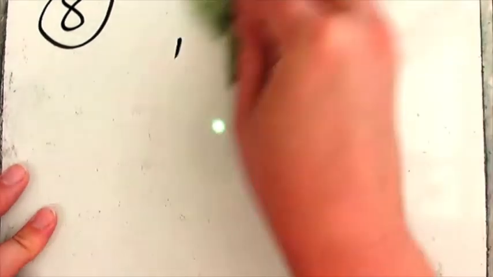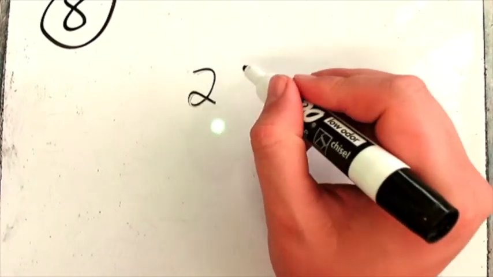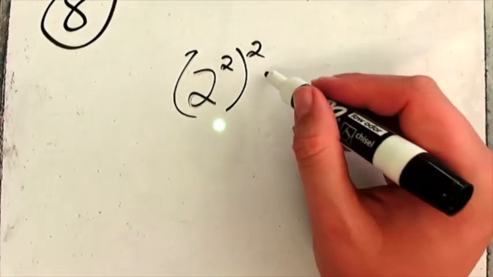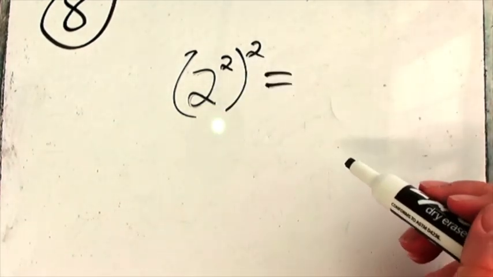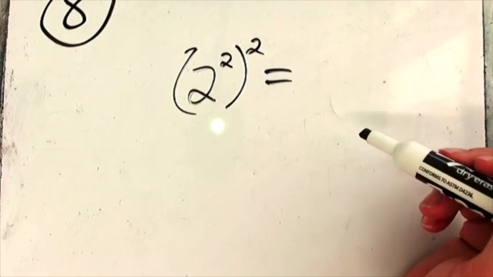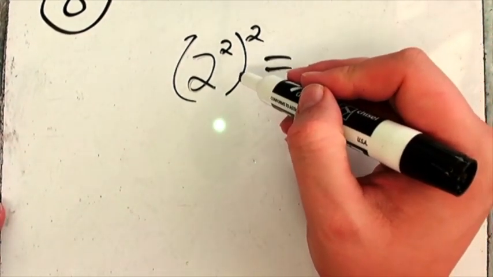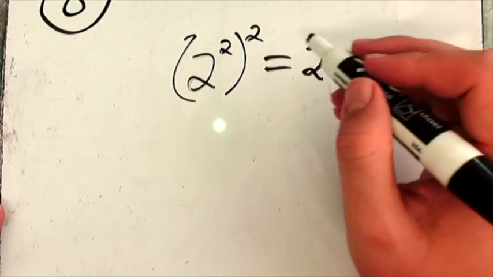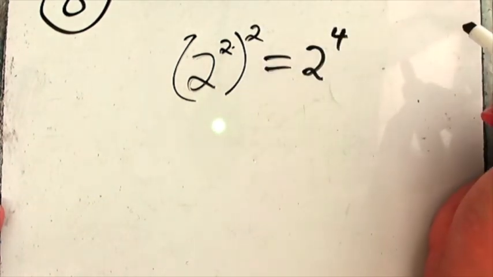And as we get into a little bit more complicated, we're going to see some power rules come up. So we're going to see like 2 squared, squared again. Well, what does that mean? Well, I could do 4 squared. That would be equivalent. But I could also do a power rule here, which would be you multiply those together to get 2 to the 4.